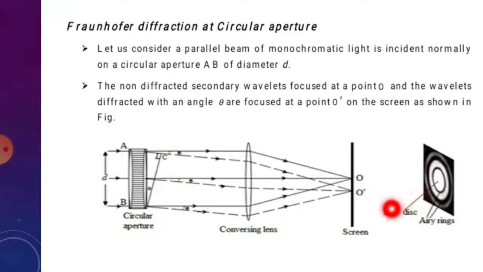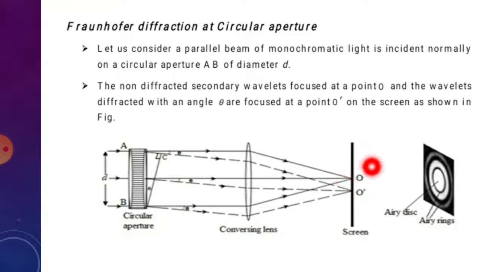called iris disc. Now, the secondary wavelets which travel in a direction inclined at an angle theta with the normal to the circular aperture meet at a point O dash on the screen. Here, the diffraction pattern around the iris disc consists of alternate bright and dark rings known as iris rings.